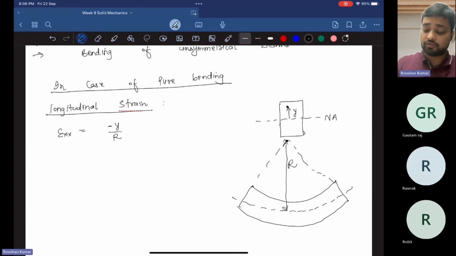So the longitudinal strain is given by this formula, and we will use it while solving problems.